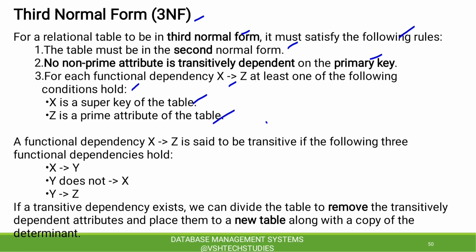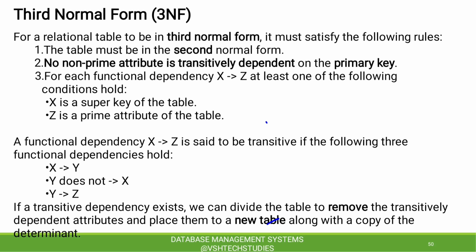A functional dependency X determines the value of Z is said to be transitive if the following three functional dependencies hold. X determines the value of Y, but Y doesn't determine the value of X. Y determines the value of Z. If a transitive dependency exists, we can divide the table to remove transitively dependent attributes and place them in a new table along with a copy of the determinant.